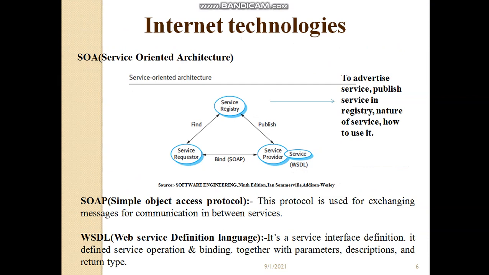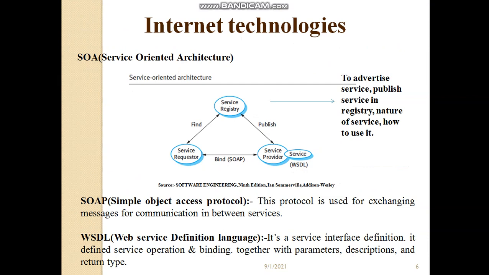In internet technology there is one concept called service oriented architecture. From the figure itself you can easily understand that this is the service requester, who is requesting the service from the service provider, and this is the service provider, who provides the service to the service requester. In between they are using the SOAP protocol, which is the Simple Object Access Protocol.